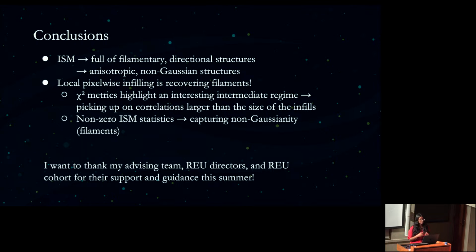And we see this in our chi-squared metrics because it's highlighting this sort of interesting regime where we're picking up on correlations that are larger than the size of the infills. And we're also seeing this through the non-zero ISM statistics in the 3PCF and WST. And that's telling us that we're capturing this non-Gaussianity and that we're capturing the actual filaments.